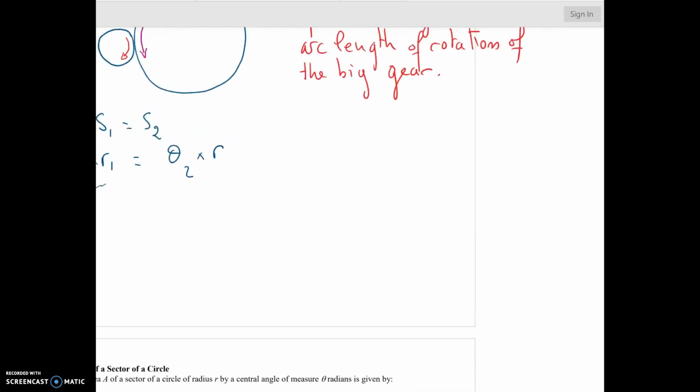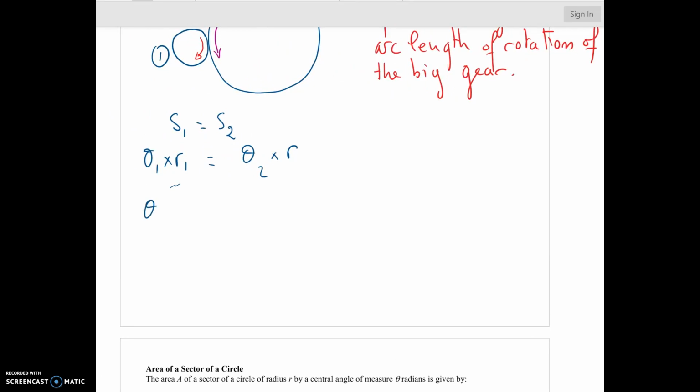So theta 2 is equal to theta 1 multiplied by r1, and I will have to divide by r2 to have theta 2 standing by itself.